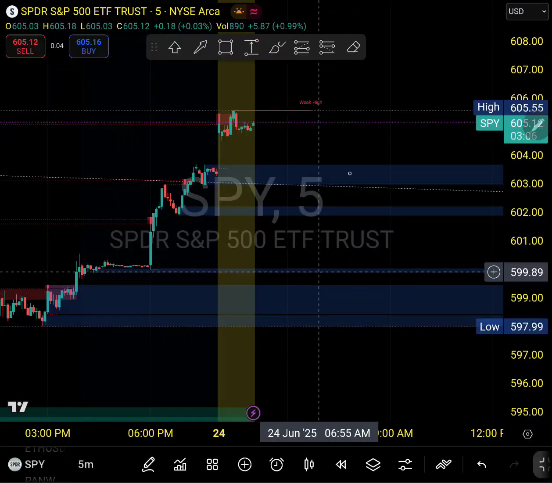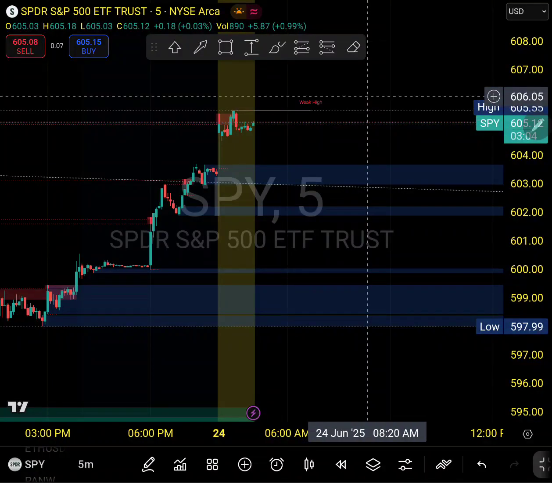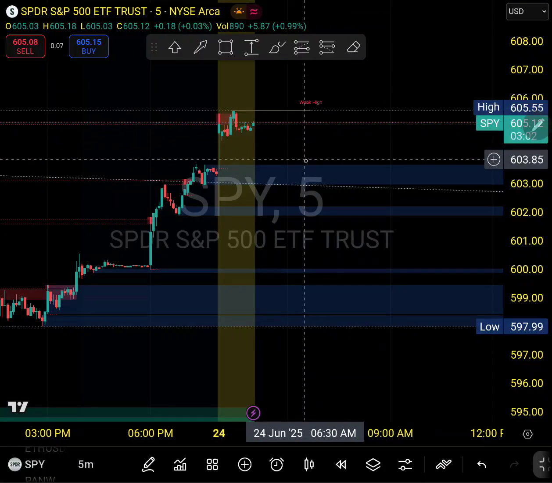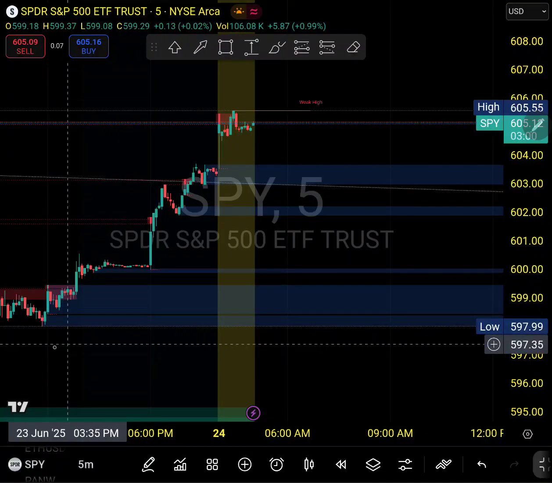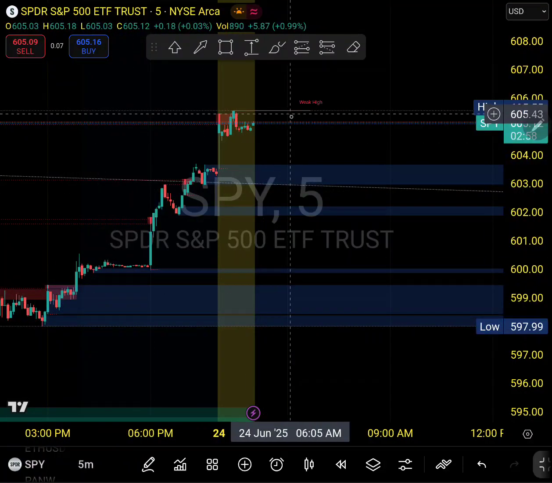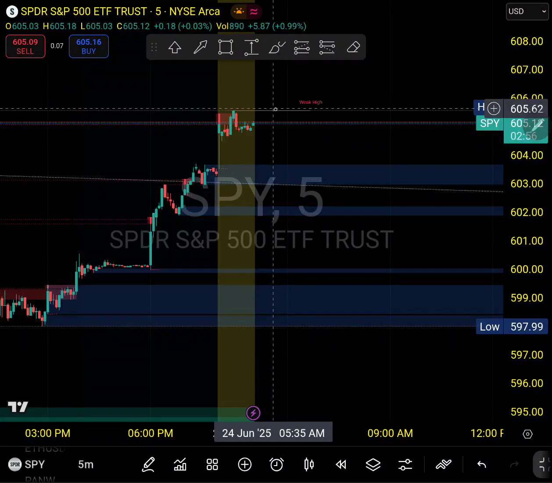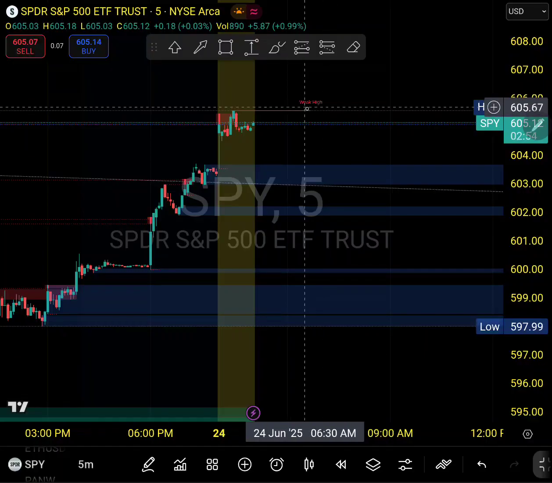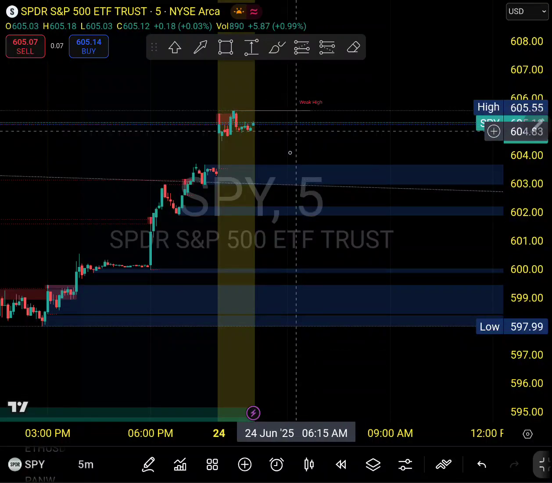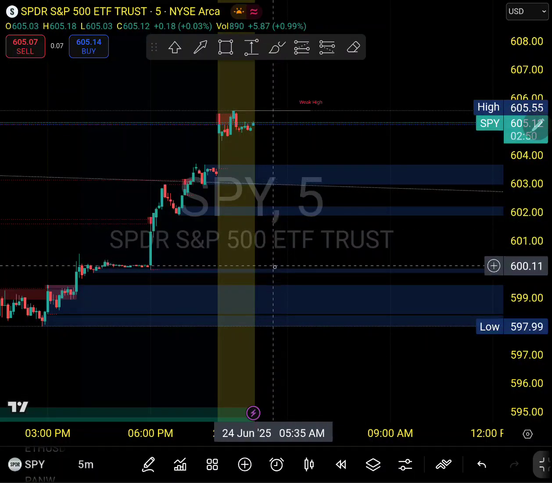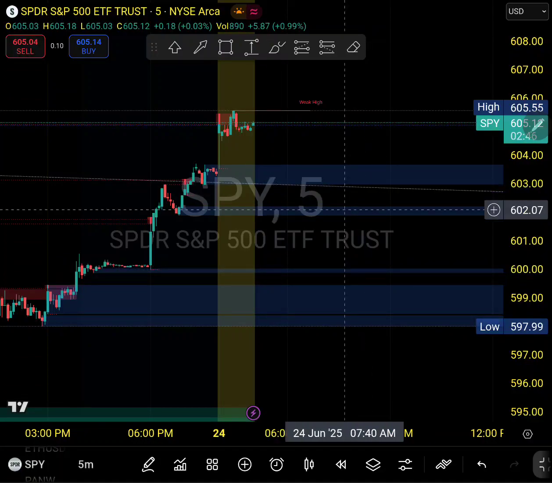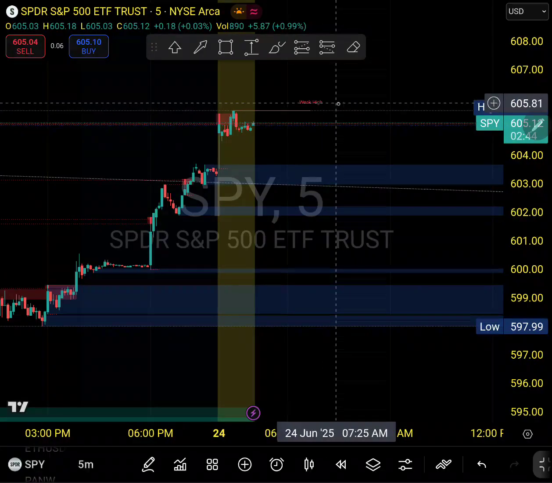So let's see where the market will open, and then plan your trade accordingly. Draw this trend line, because this was a trending market starting yesterday. There is not much room in the market. The room will be created only when it goes back to 600. Then I will be interested in buying one long position at this particular level.